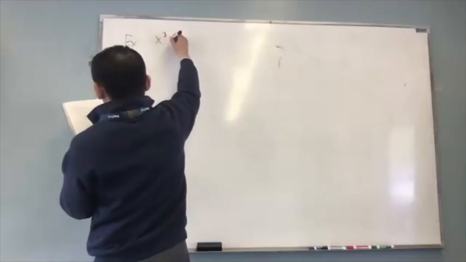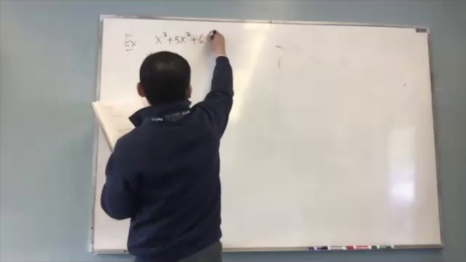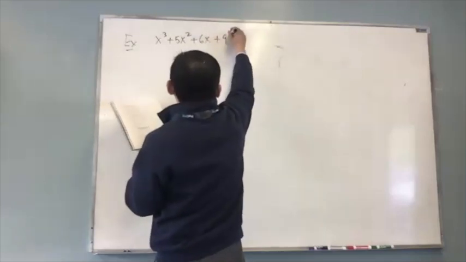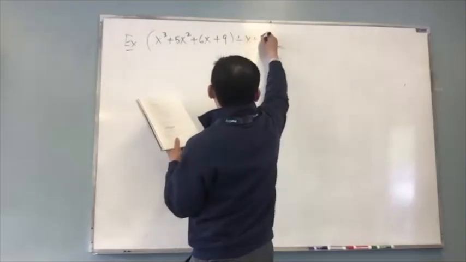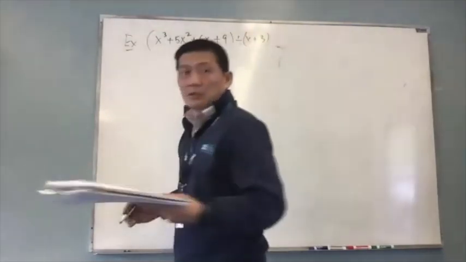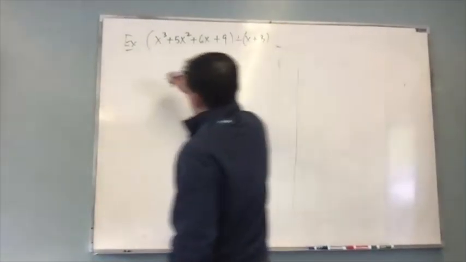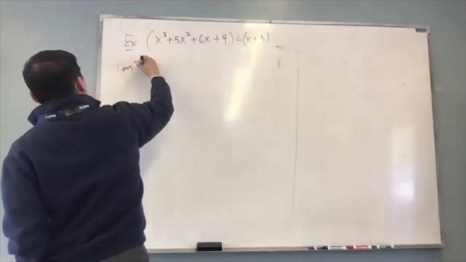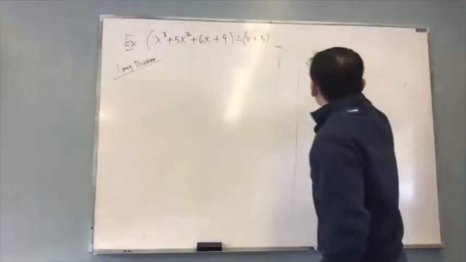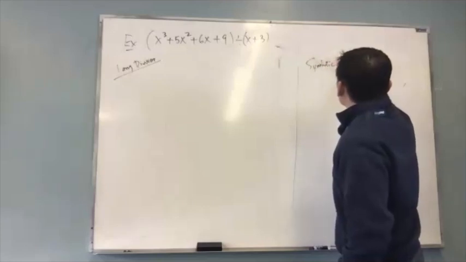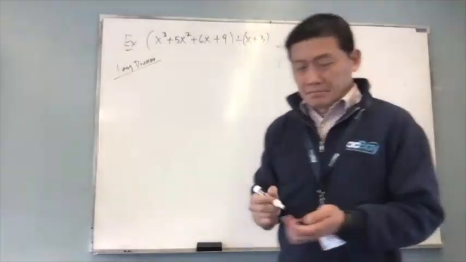X cubed plus 5x squared plus 6x plus 9 divided by x plus 3. 2 different ways. Long division. Synthetic division. Go ahead.